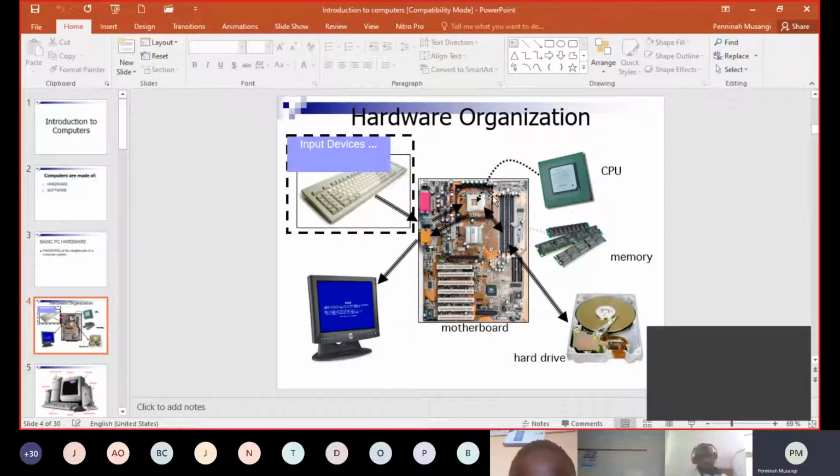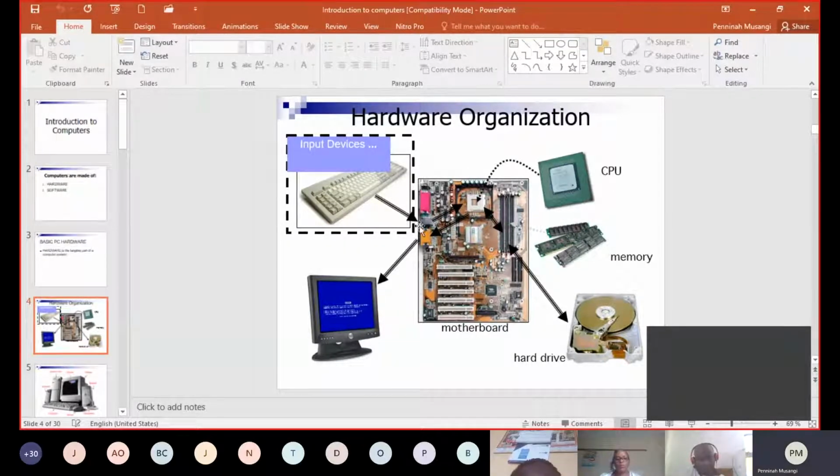Actually, that is the brain, where most of the processing and most of the functions, the soft part of the computer, happen. It houses everything: the CPU, or central processing unit, the memory, and the hard drives. So all those are found in the motherboard.